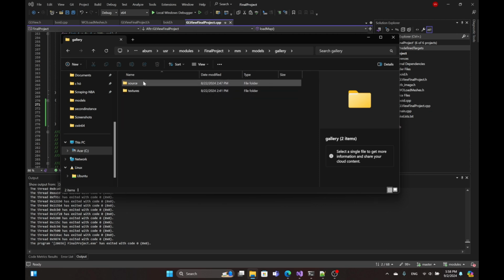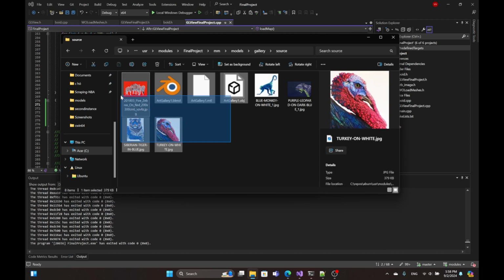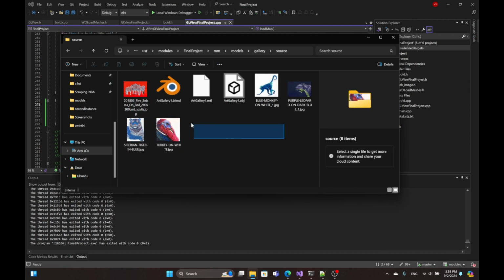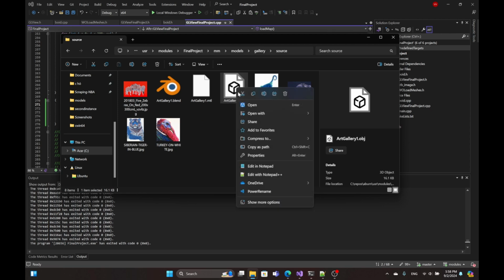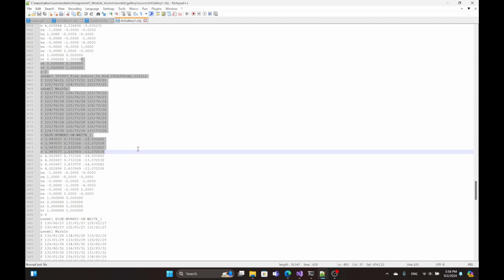First, the picture needs to be with the 3D model file, and the 3D model file needs to be readable like this.